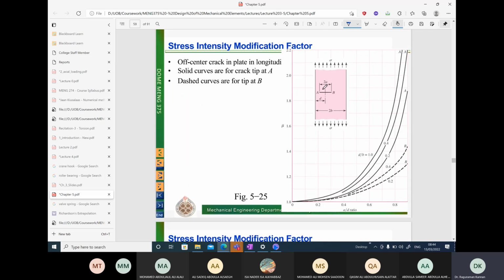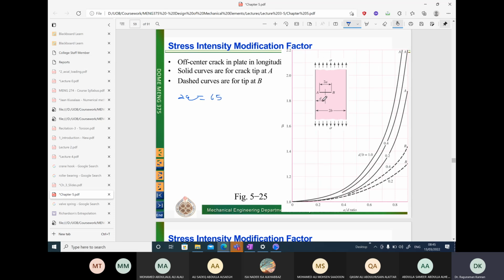This is the graph we will use, and we have to use the ratio A over D. You can see 2A is 65, let's write it down here. 2A is equal to 65.